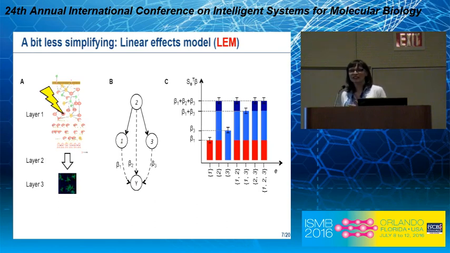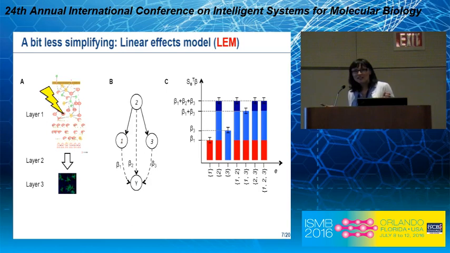So we propose what we call linear effects models, abbreviated LEM. We assume that the experiments target genes in the pathway, and the pathway is represented as a graph. The nodes stand for the genes, and the edges in the graph show how perturbations propagate in the pathway.